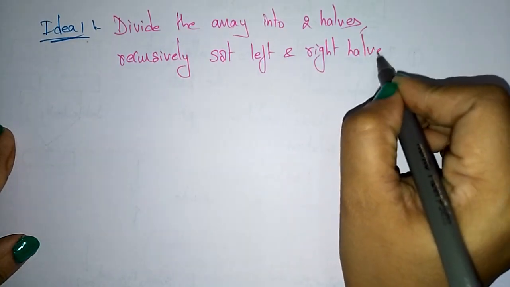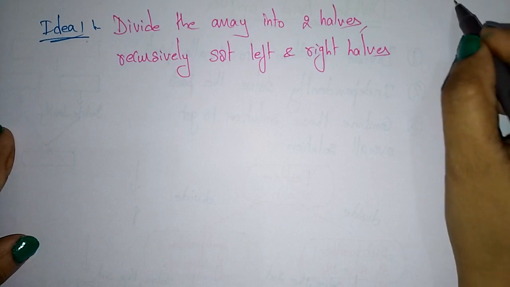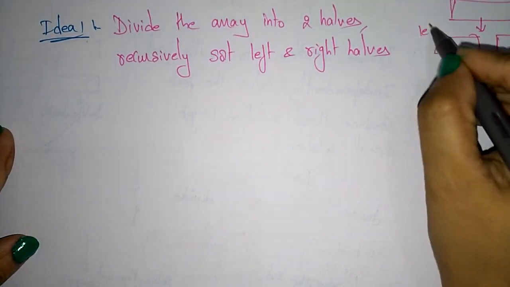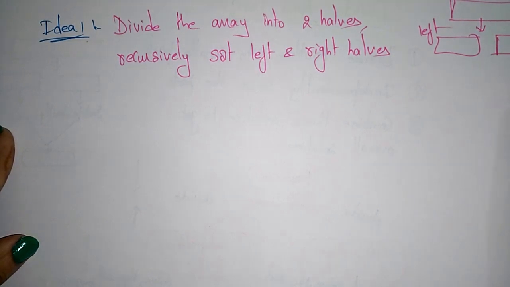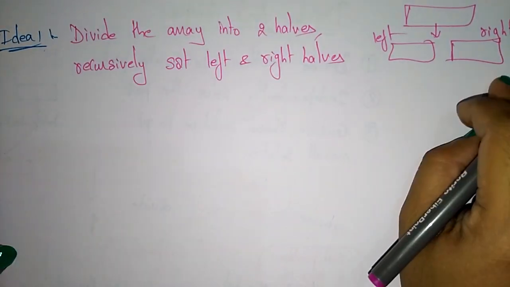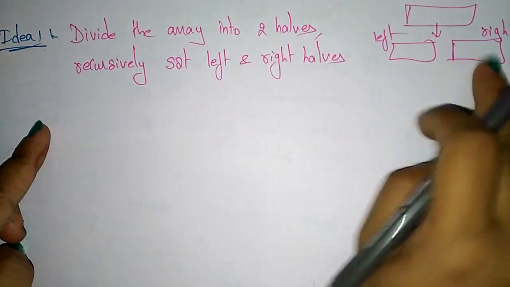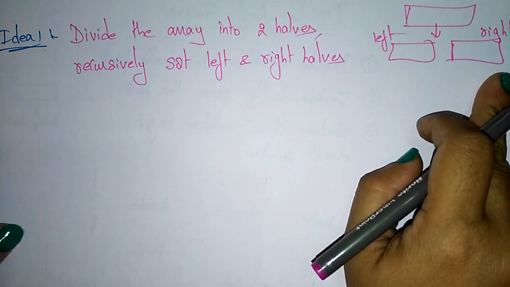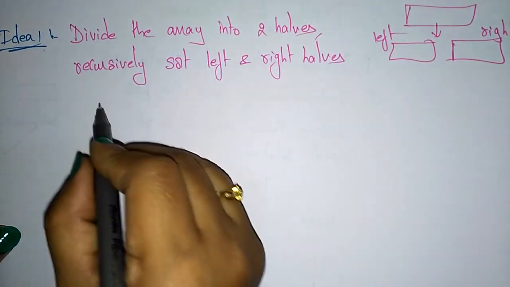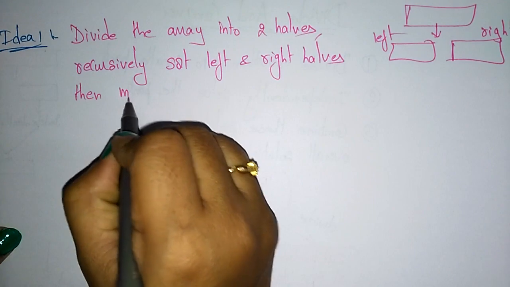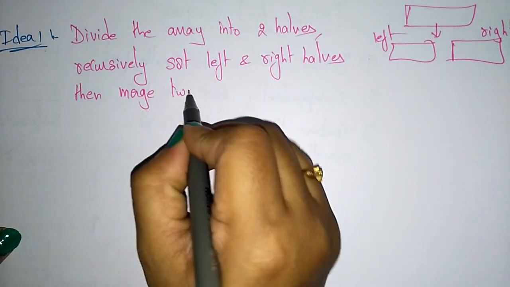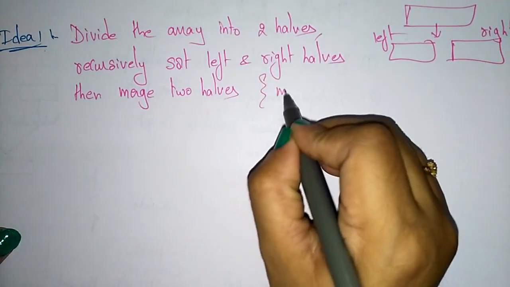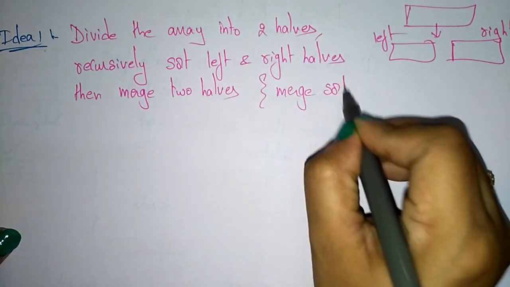So when I divide the array into two halves, one becomes the left side and another becomes the right side. After recursively sorting, then merge the two halves. This you call merge sort. So this is the technique of merge sort.